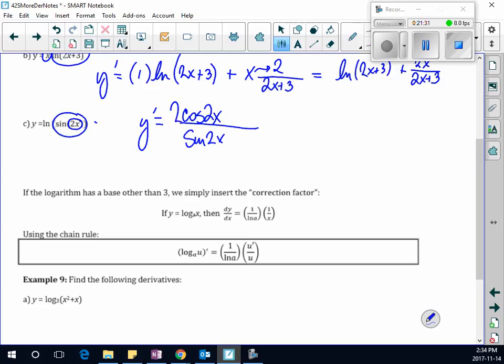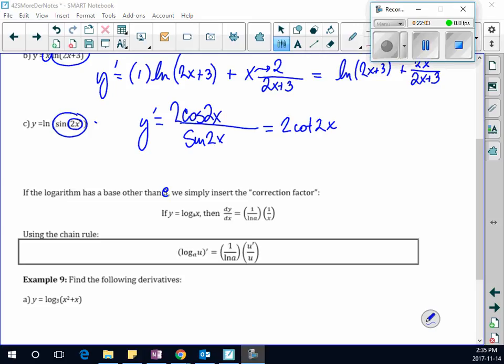And then this could be simplified to, what is cos over sine? 2 cotangent of 2x. So be very wary. If it is a multiple choice, that might be the choice there, right? So, anyways. Okay, so, if the logarithm has a base other than e.